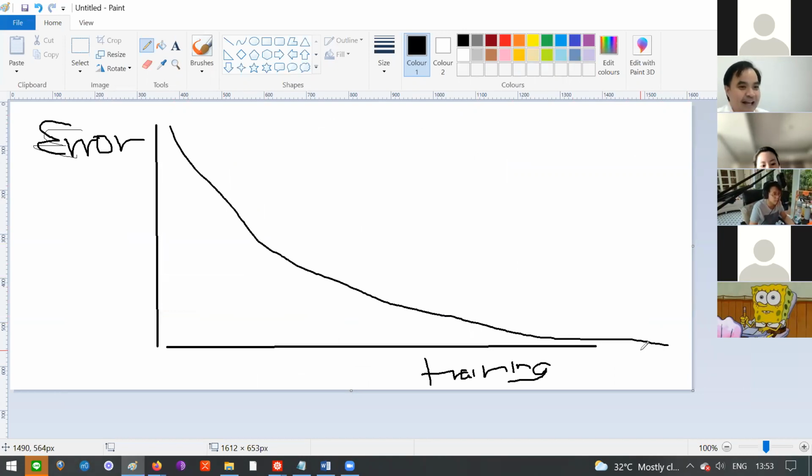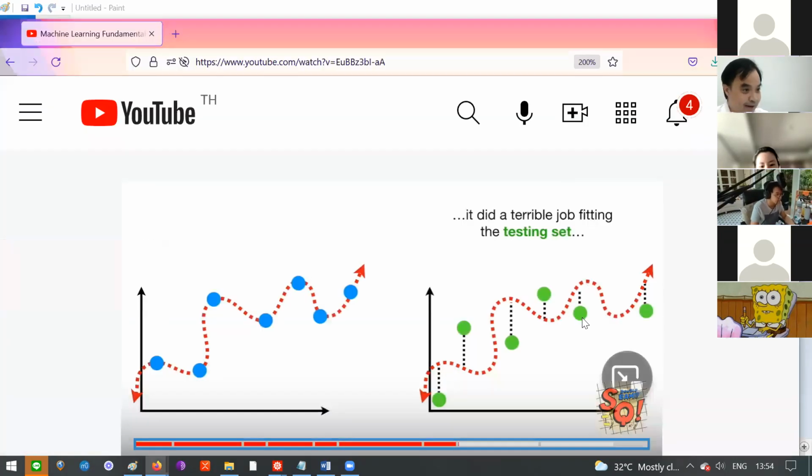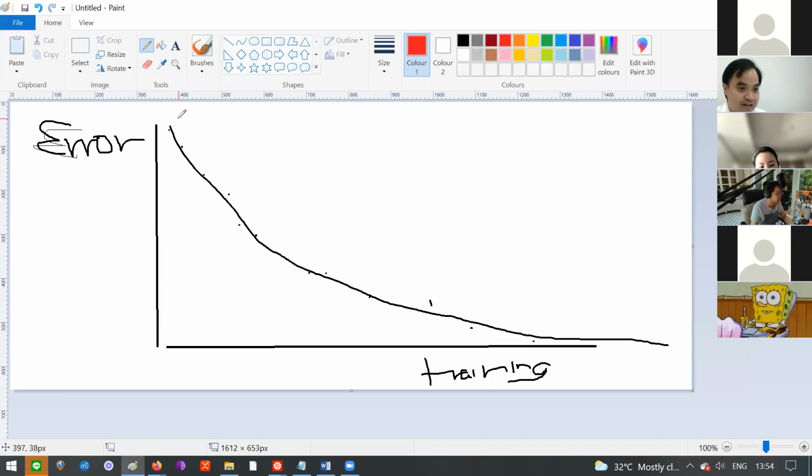But every point now is a single model, right? So I draw it as a straight line, but it's actually a point at a different stage of the model. If I use that model and test it against this green data, so this is basically performance against the blue, it's going to look something like this. It's going to get better, but at some point it's going to be worse.